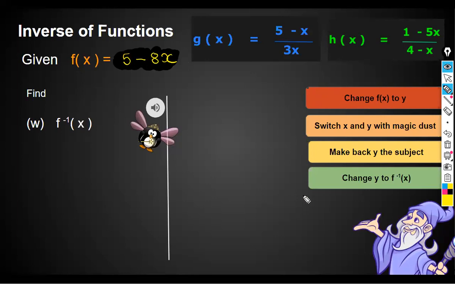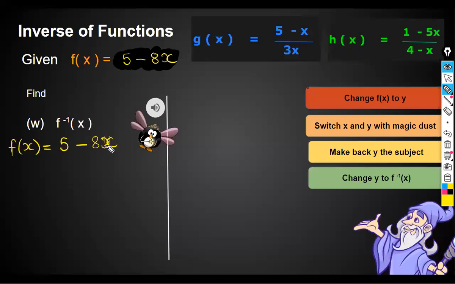Follow all the steps, one by one. So we're going to write back f of x. Let me write back f of x. f of x is equal to 5 minus 8x. Right? Some terrible handwriting there.